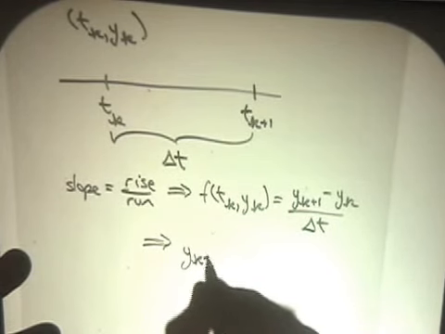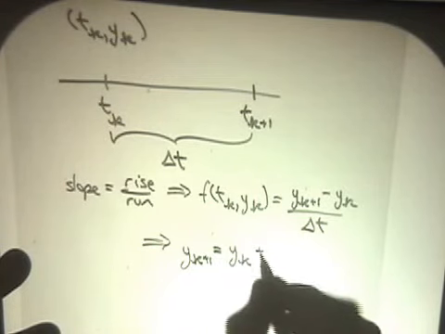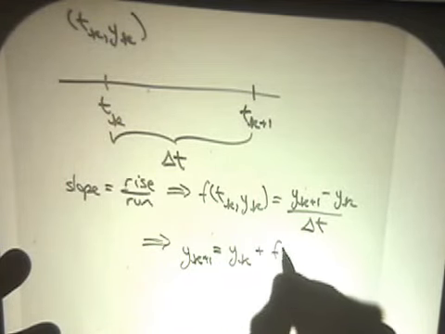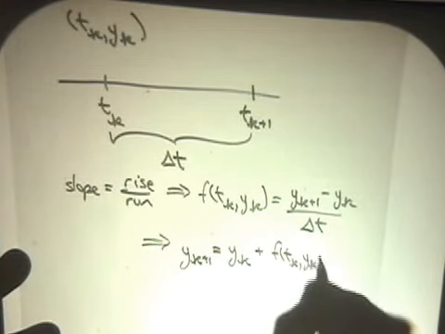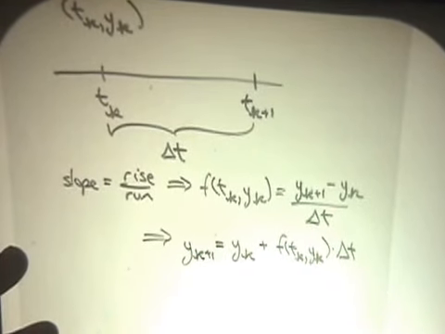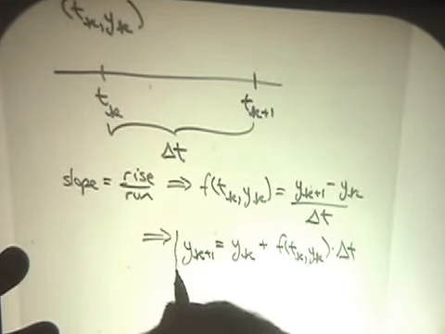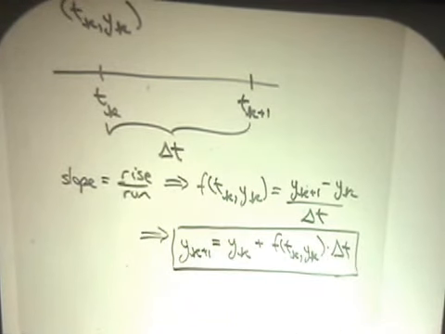And here is the equation that gives you the next value of y in terms of the previous value of y and the slope at the previous point and your step size. That's the formula for Euler's method.